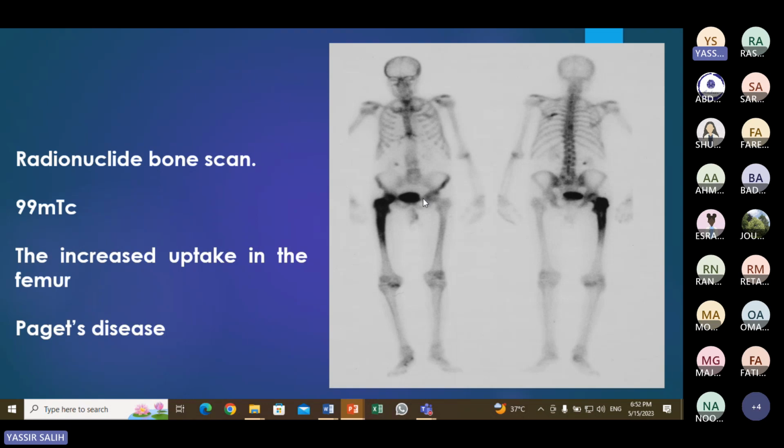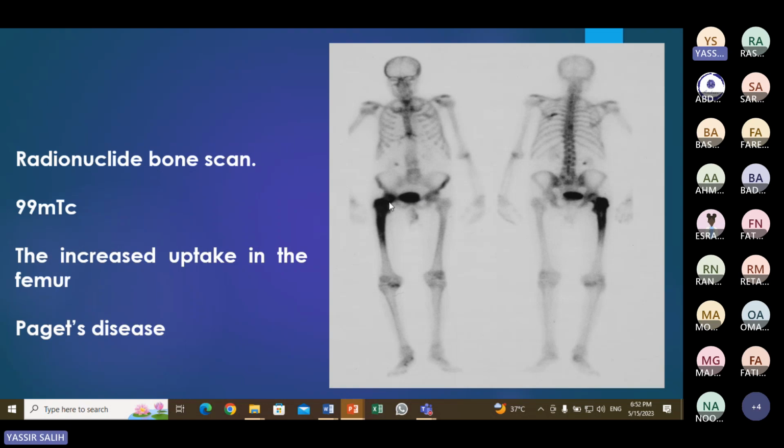How to describe the abnormal area? There is increase in the uptake. Increased uptake. Give one cause for this abnormality. What are the causes or differential diagnosis?